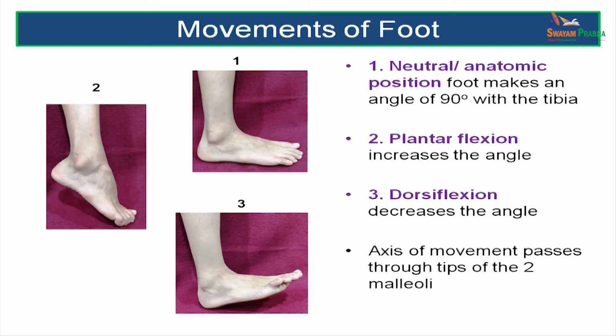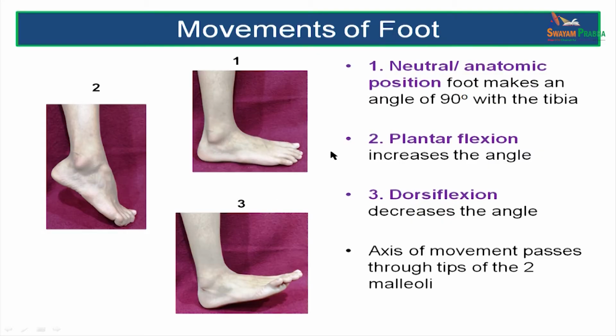Movements of the foot. The movements of the foot that occur at the ankle joint are plantar flexion and dorsiflexion. Normally, the ankle is in the neutral anatomical position where the foot makes an angle of 90 degrees with the leg. In plantar flexion, this angulation is increased wherein the toes point downwards and the heel is upwards.